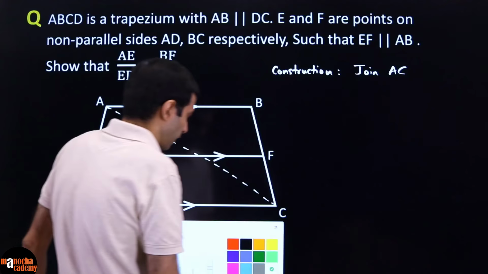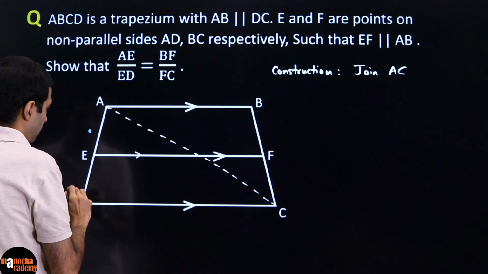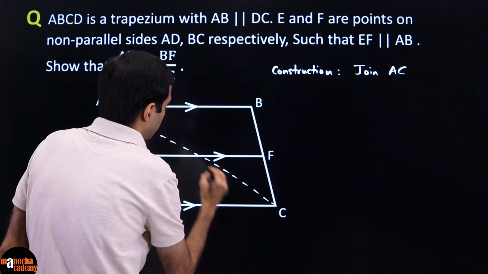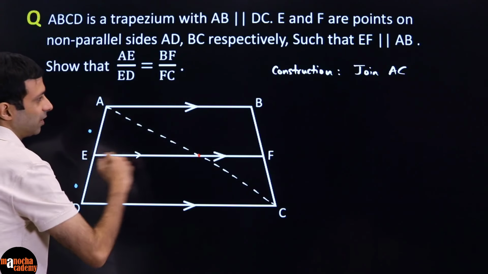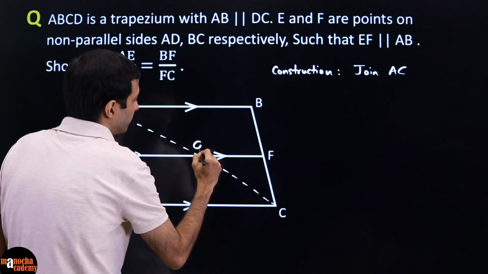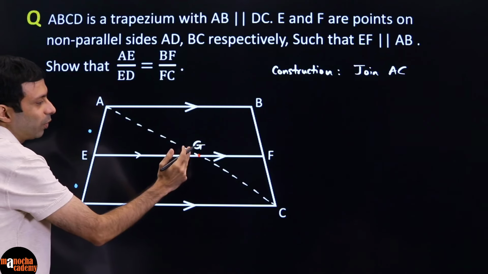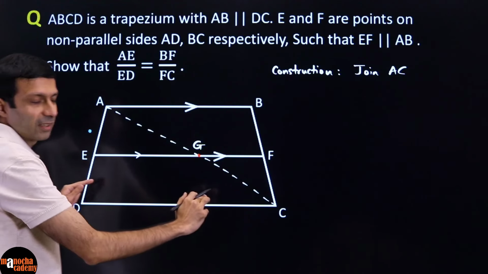Now if you look, things become easy, because the ratio of AE is to ED. So let's say the diagonal meets EF at, what should we call it? Let's say we can call this G. So that means AE is to ED is going to be equal to AG is to GC by Thales theorem, because you can see these two parallel lines.